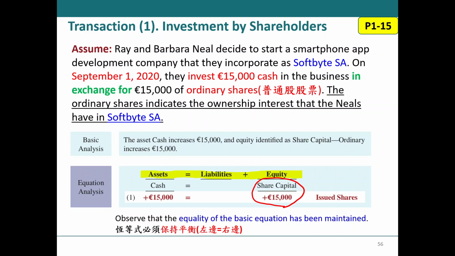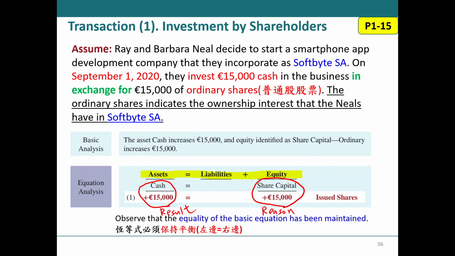Share capital increase incurred. Because of this reason, our cash increases, right? We got the cash. Cash belongs to assets. So this is the reason, and this is the result.